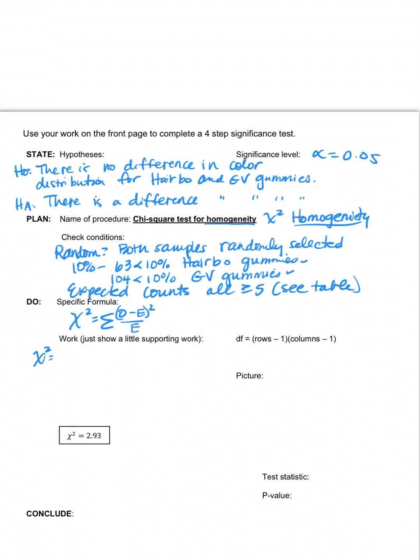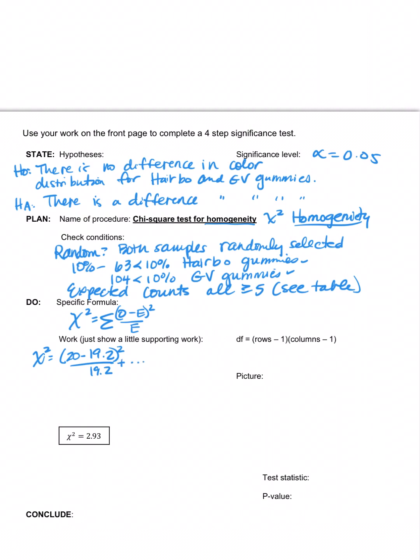So as far as showing work, here it is. If I go back to my table, I have it side by side here. Observed was 20 minus expected. That was that first top left-hand corner of my table. And then I would do plus dot, dot, dot, and then the bottom right corner.